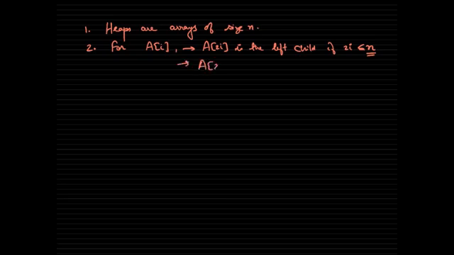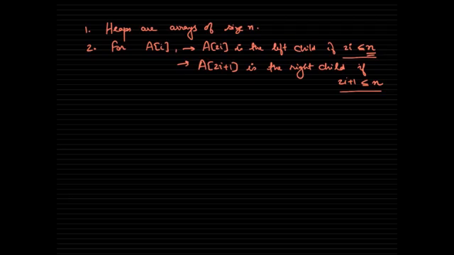A of 2i plus 1 is the right child if 2i plus 1 is less than or equal to n. If 2i plus 1 were greater than n, then there is no right child. If 2i were greater than n, then there is no left child.